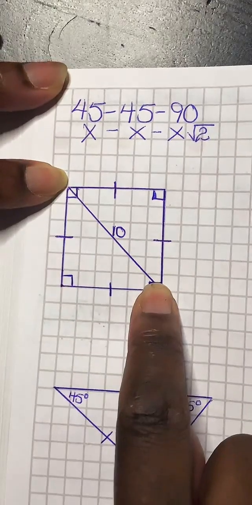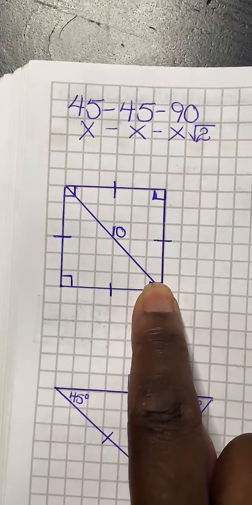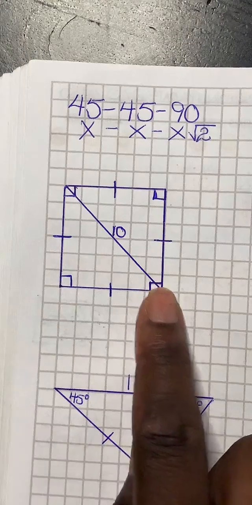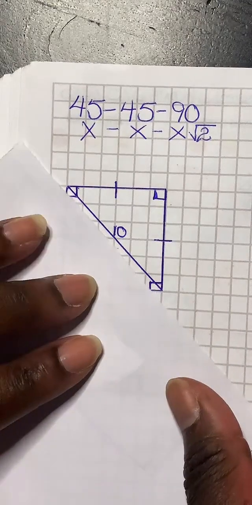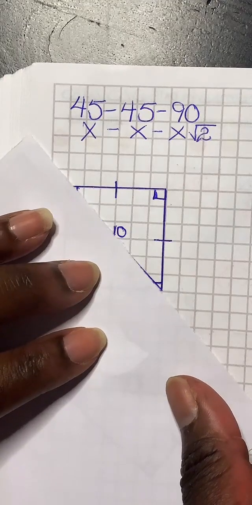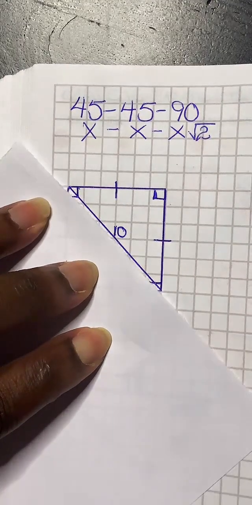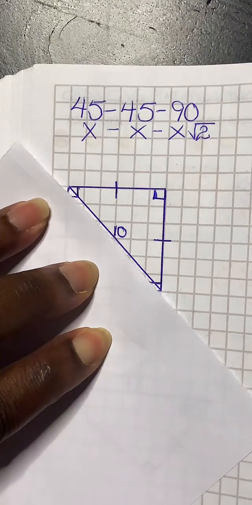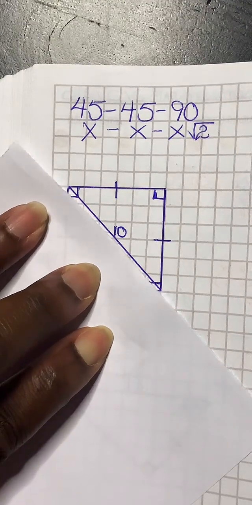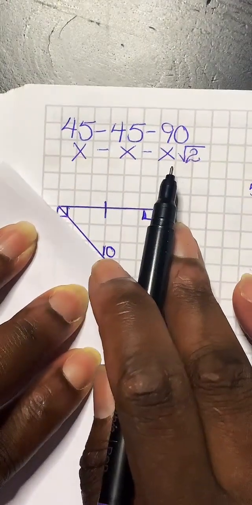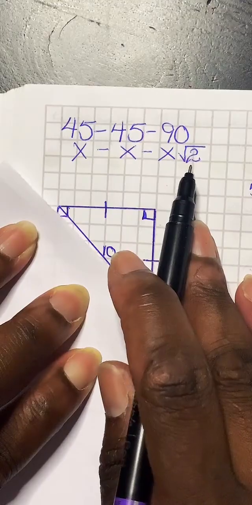This is going to be your hypotenuse. Sorry, I just wanted to get a piece of paper. If I cover this up, look at it as a triangle. Like I mentioned, your longest side is equivalent to x times the square root of 2.